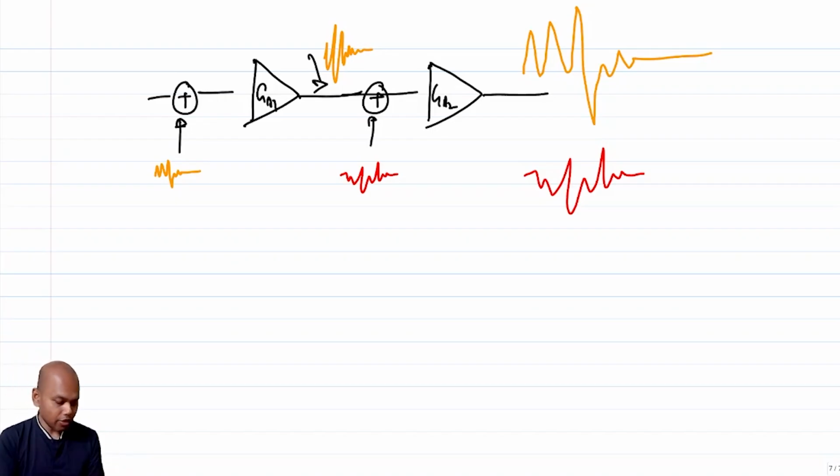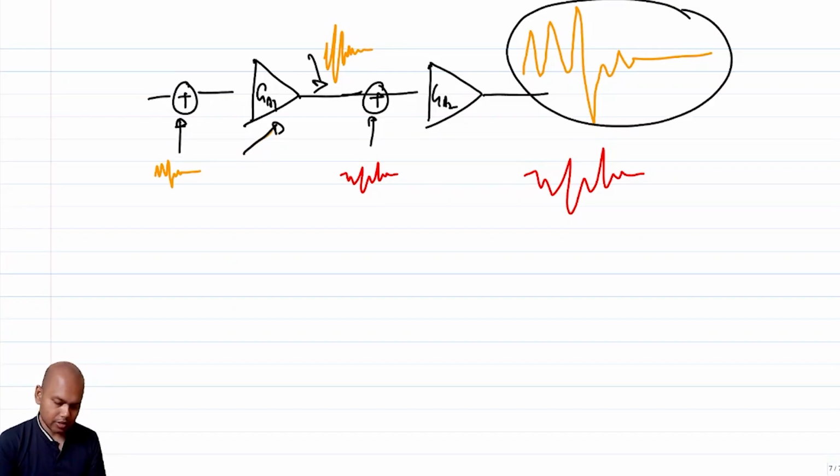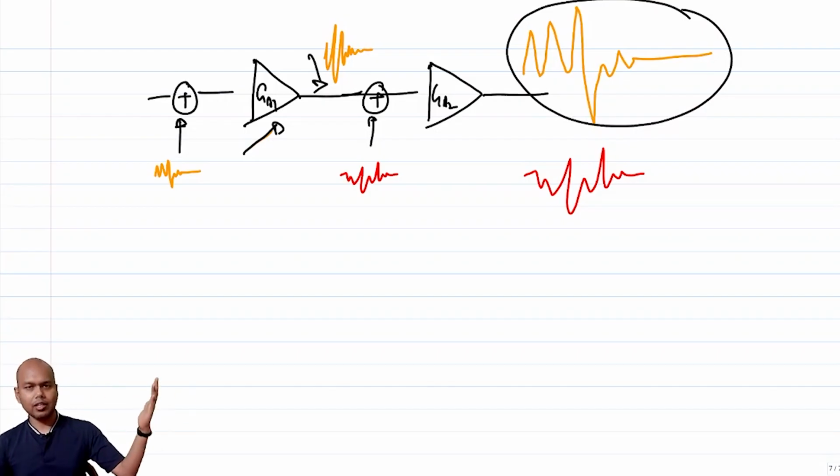So if the gain of the first stage, GA1, increases, then this noise contribution will increase further, and it will almost seem like the total noise is dominated by the noise of the first stage and not the second stage, right? So that is why the gain of the first stage matters.